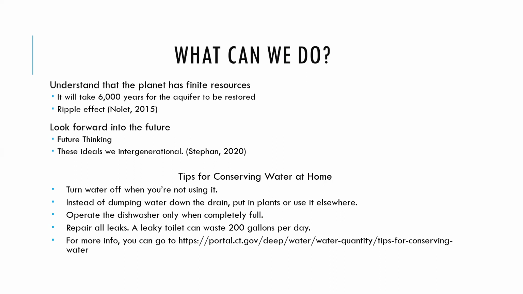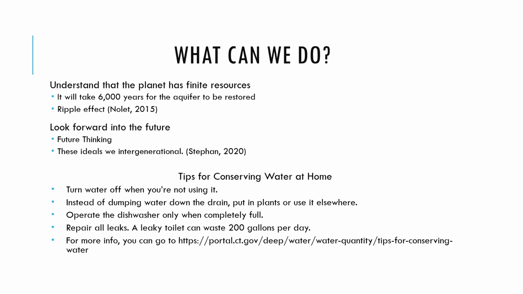First are tips that we can just do at home, which you probably have heard many times. Simply turning off the water when you're not using it. Instead of dumping water down the drain, put it in plants or elsewhere. For example, with my hot water bottle, I'll use it for my plants when I'm done with the water.